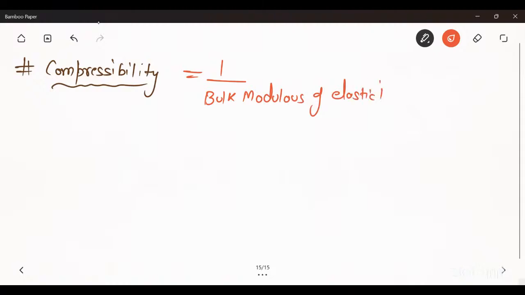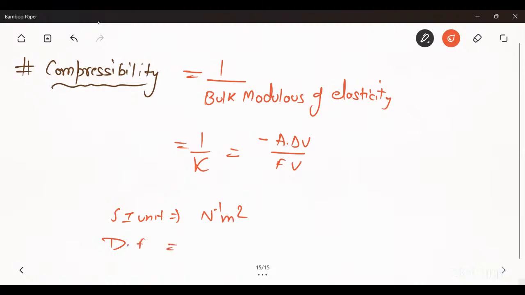So the value of compressibility will be 1 upon K, or you can write it as minus A delta V upon F V. SI unit is the inverse of bulk modulus, per Newton meter square. Dimensional formula is M^-1 L T^2.